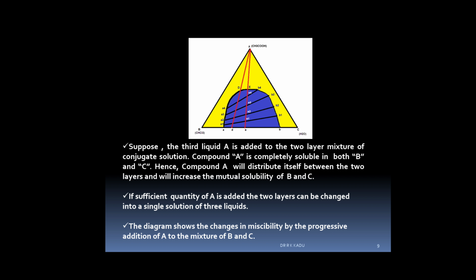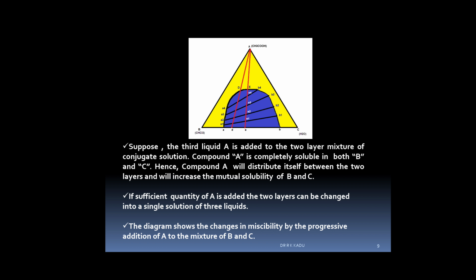Suppose the third liquid A, that is acetic acid, is added to the two-layer mixture of conjugate solution. Compound A is completely soluble in both B and C. Hence, compound A will distribute itself between the two layers and will increase the mutual solubility of B and C. If sufficient quantity of A is added, the two layers can be changed into a single solution of three liquids.